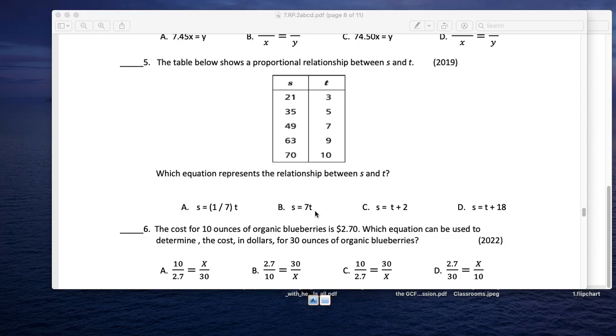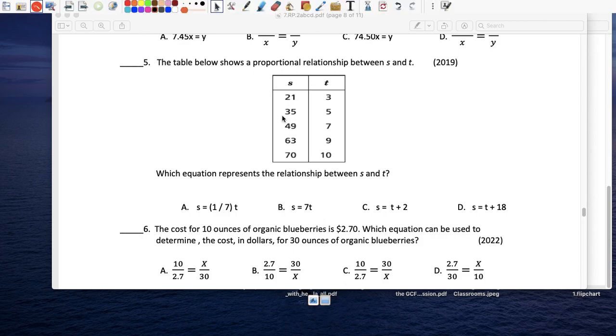I hate when they do these questions like that. Right, and the reason, and I'll explain, because usually, think about it. The whole year we talk about X and Y, 35 and 5, 49 and 7, 63 and 9, 70 and 10, right? The whole year you and I in class, we talk about this, and I ask you, what's the constant proportionality?